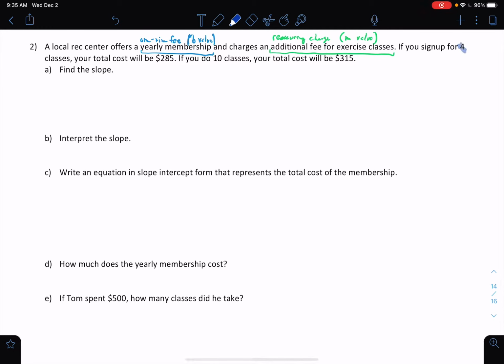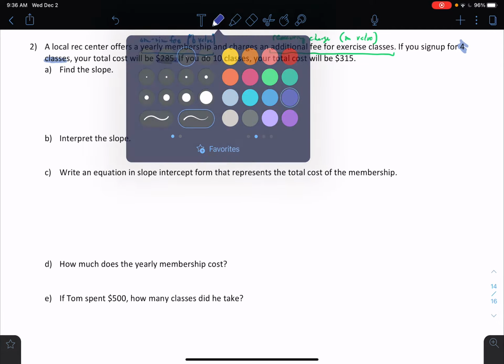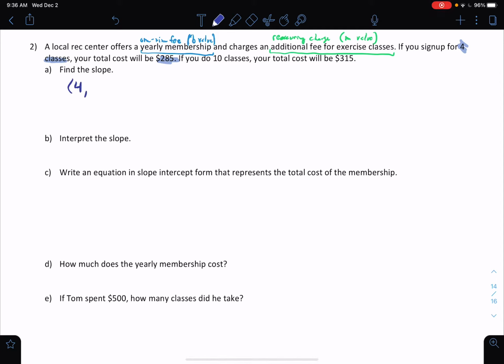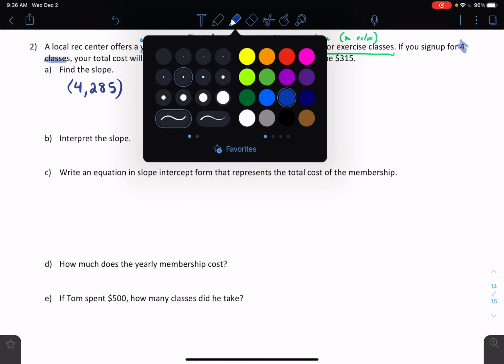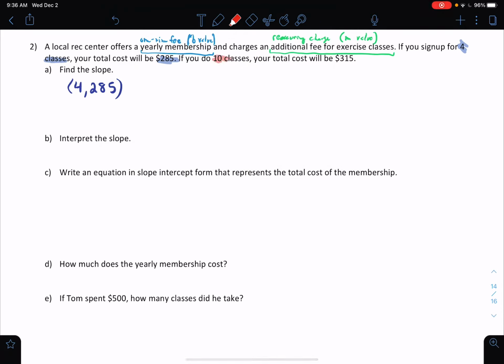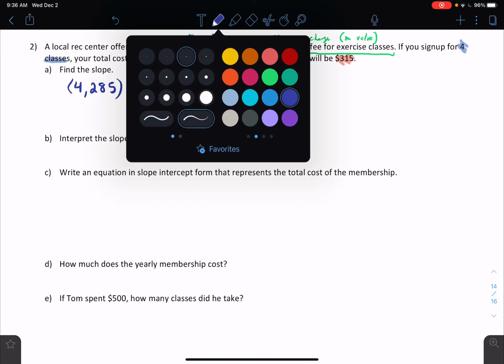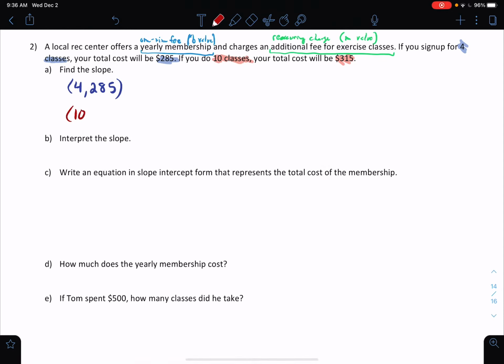Okay? I'm given if you do 4 classes, your total is going to be $285. Well, that represents a coordinate. If I plug in 4 classes, I'm going to be charged a total of $285. I'm also given that if I do 10 classes, my total cost is $315. That's another point. If I plug in 10 classes, I will be charged $315.